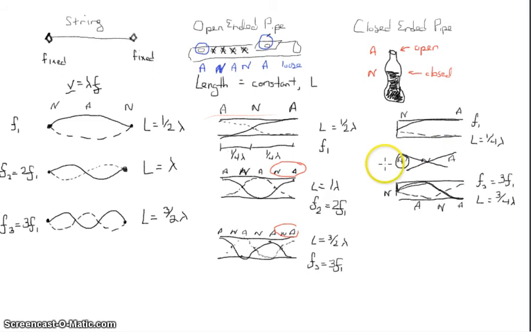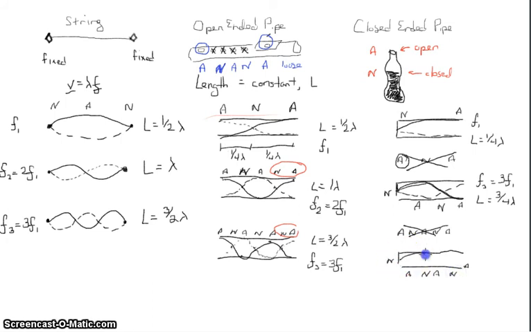Mainly this is considered to be a standing wave, but since it does not exist in the pipe, due to the construct of the pipe, you have to have a node at the closed end. That will just happen. So the next pattern, the antinode, node, antinode, node, antinode pattern, will also not exist. This is when the wavelength is one whole wavelength. So the next simplest pattern here, to have a node at the closed end and an antinode at the open end, will be a node, antinode, node, antinode, node pattern.